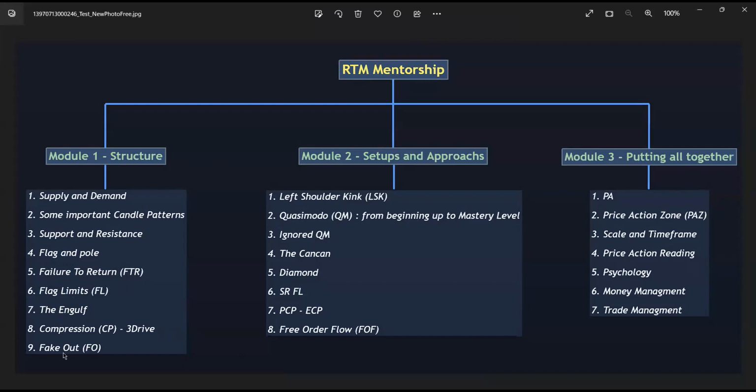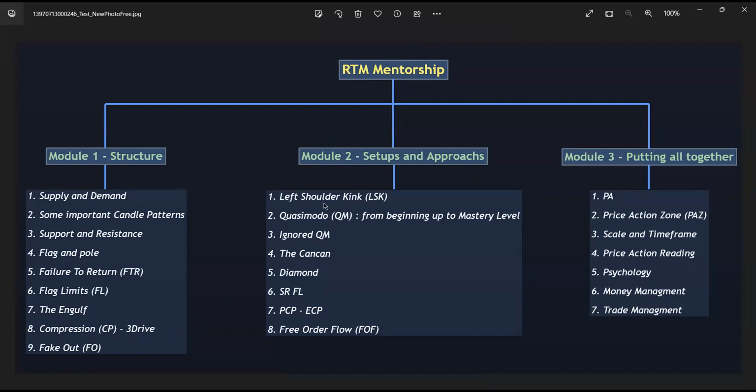After that the engulf, and the compression that I told you about, but with much more detail in the mentorship. And the last part of the first section is the fake out, FO.